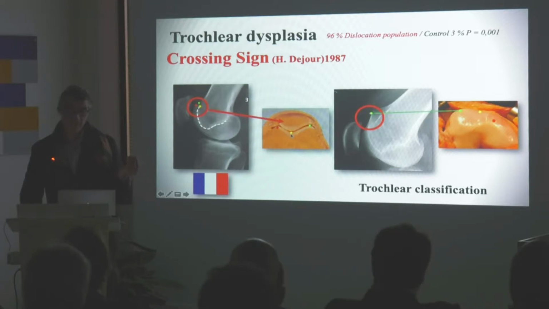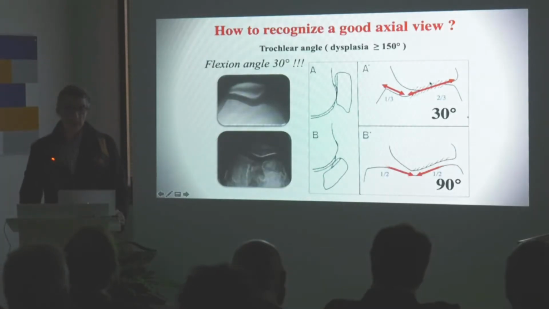If you have trochlear dysplasia, this is a type D, the high-grade trochlear dysplasia. This is the lateral facet, you see. Then you have the groove, and then you have the medial facet. The double contour is a hypoplastic medial facet. So this is exactly what is a trochlear dysplasia. So always look at those 3 points, and you will be able to understand more the trochlear dysplasia.